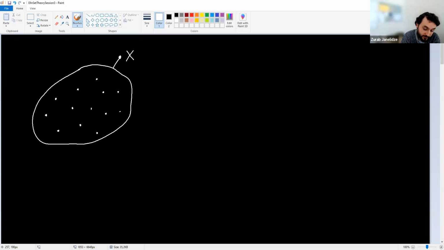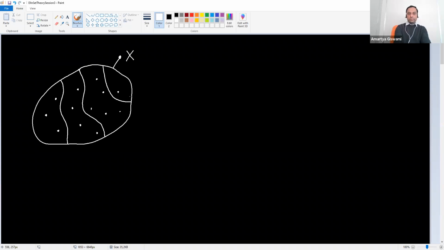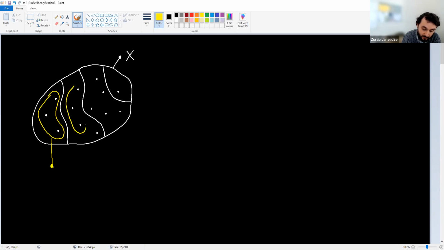But eventually it results in dividing the set up into portions like this. But then we want to form a new set, which is the set of these groupings themselves. So this grouping will be one element of that new set, and this will be another element. Oops, I missed one there, sorry.